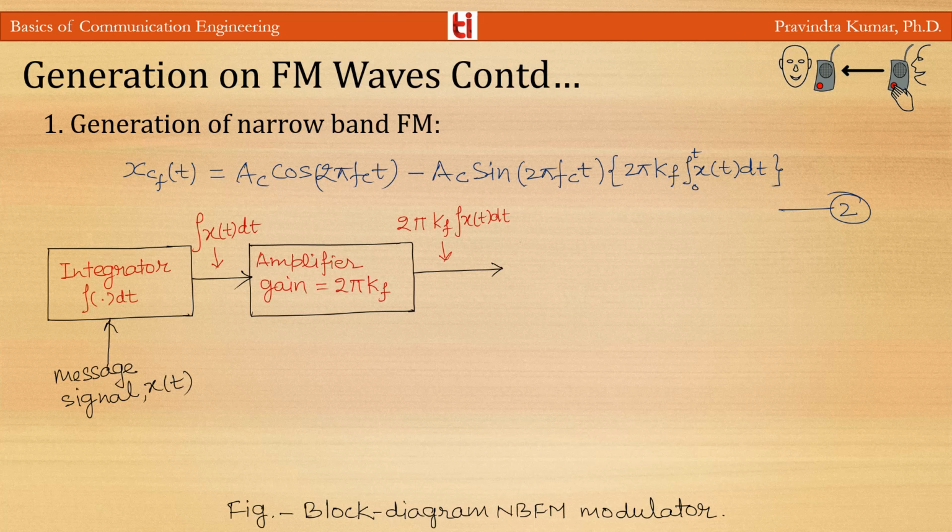At the amplifier output we get 2π kf ∫x(t)dt.